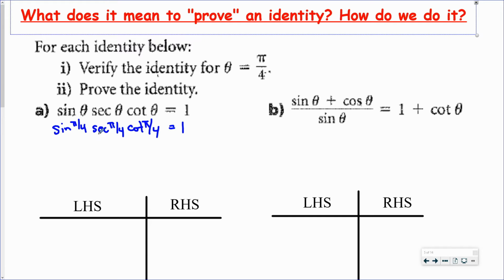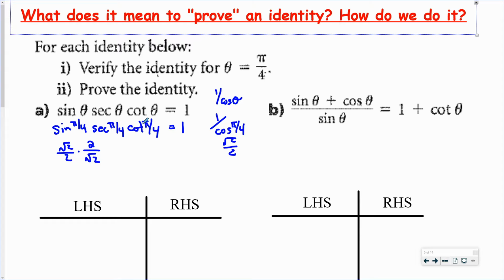These are all exact values, so when sine is at pi over 4, the y value is square root 2 over 2, times secant. Remember, secant is 1 over cos theta, so they might as well be asking what is 1 over cos at pi over 4. Cos at pi over 4 is square root 2 over 2. When you go 1 over that, you just flip it, so you get 2 over the square root of 2.